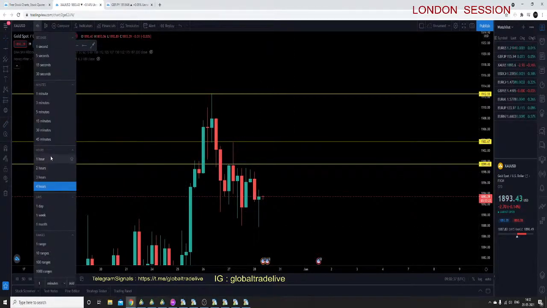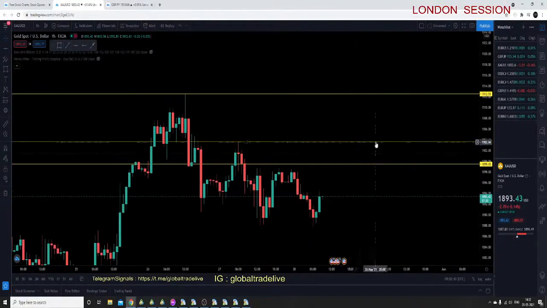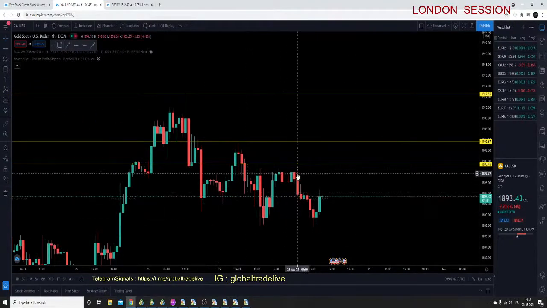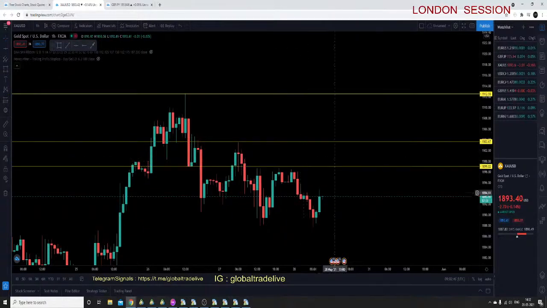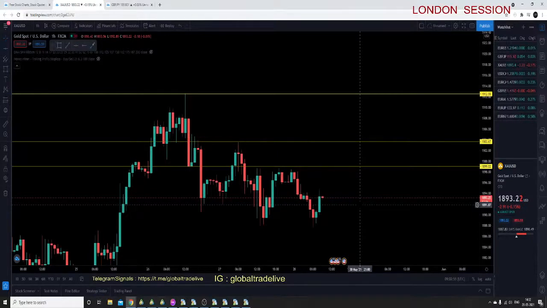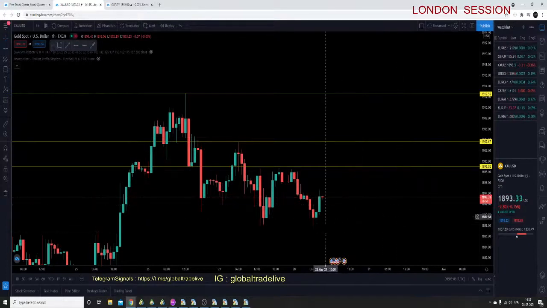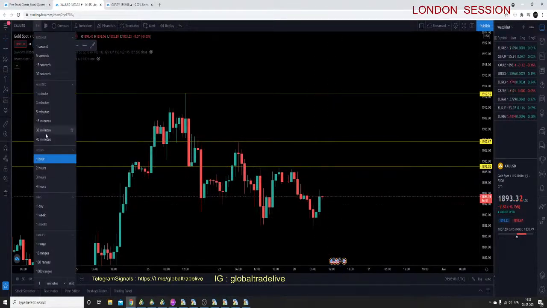And if we go to 1 hour here, what do we have? According to the 1 hour, it looks like gold might move up above this area. So guys, this is the final area here.